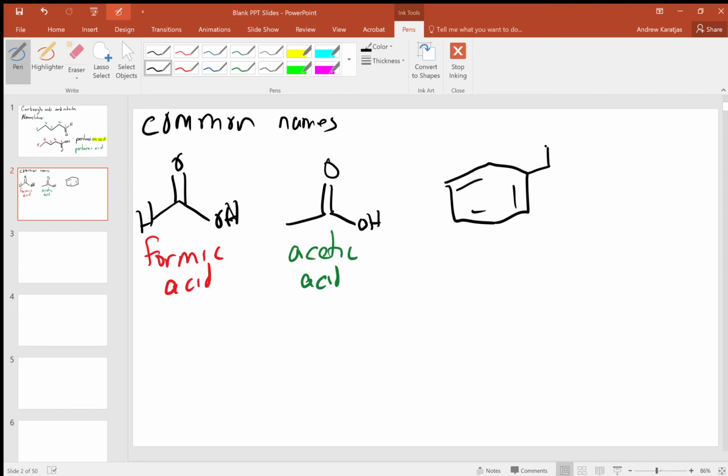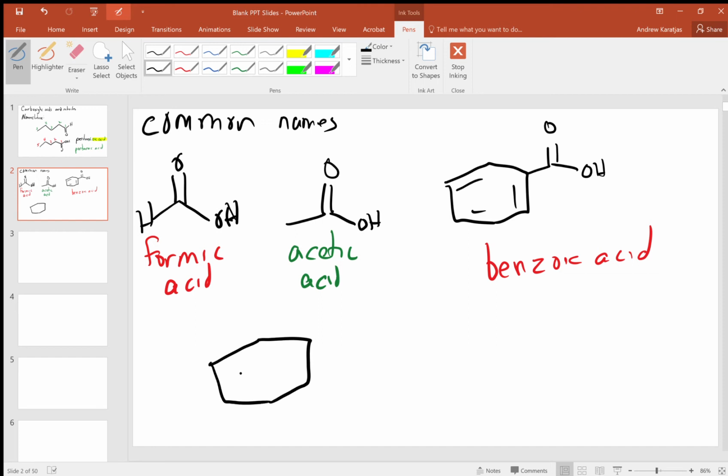This one we may be familiar with from lab already, because we've used on previous occasions benzoic acid. If you add a second carboxylic acid to that aromatic ring, right next to the first one, this is something that we are using in our luminol lab. This is phthalic acid.